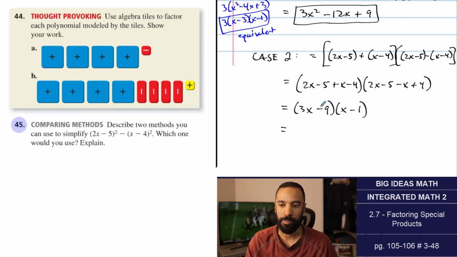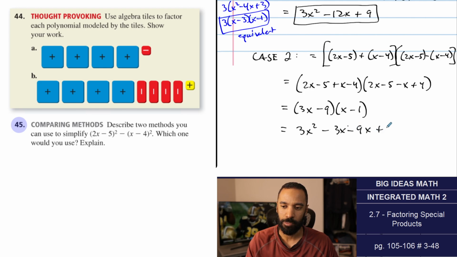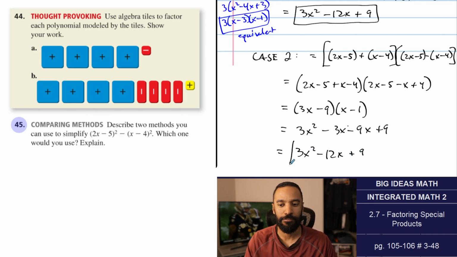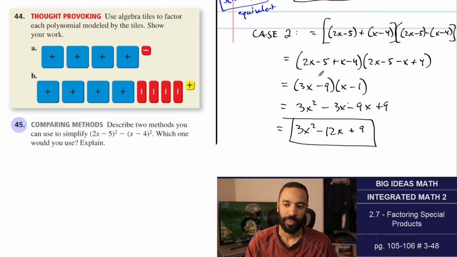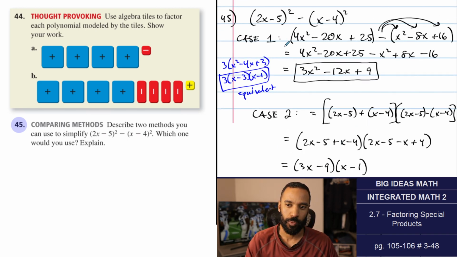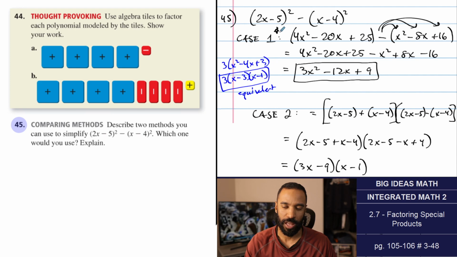And then that distributes, when you FOIL, into 3x² − 3x − 9x + 9, which is 3x² − 12x + 9. So that was a fun venture, but I prefer case 1 personally. My expansion stuff's a lot faster with that.